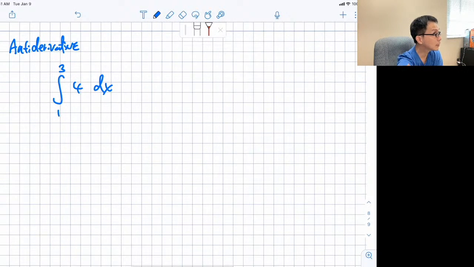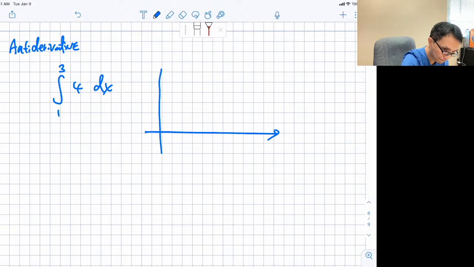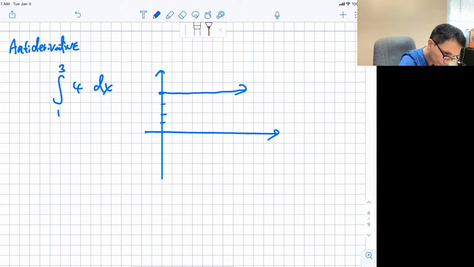Yes. You just imagine the graph from y equals 4. And so that's just going to be a horizontal line. Then the bounds are going to be 3 and 1. So that's a distance of 2. Yeah, good.